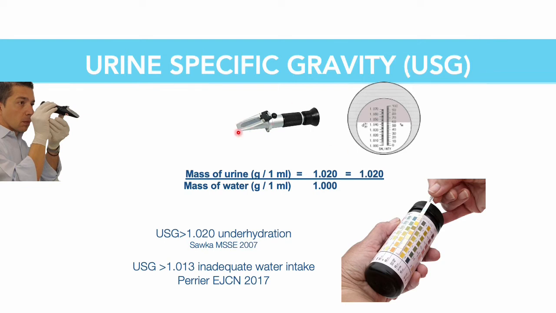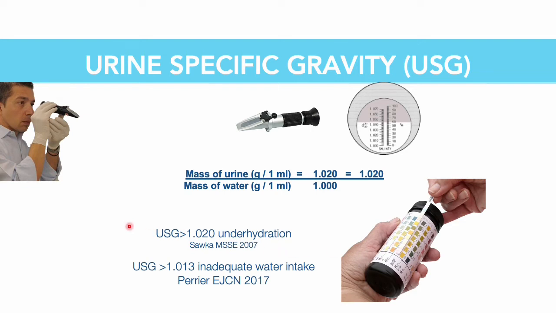You can use an optical refractometer or a digital refractometer, and also one of those urine strips, where you immerse the strip in urine, compare the color, and come up with urine-specific gravity. Even though, to be perfectly honest, this is not very accurate, and we published a study a few years ago indicating that it's probably not the best way to assess hydration.